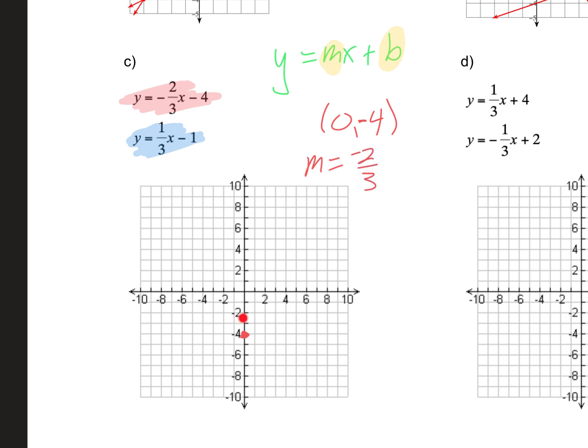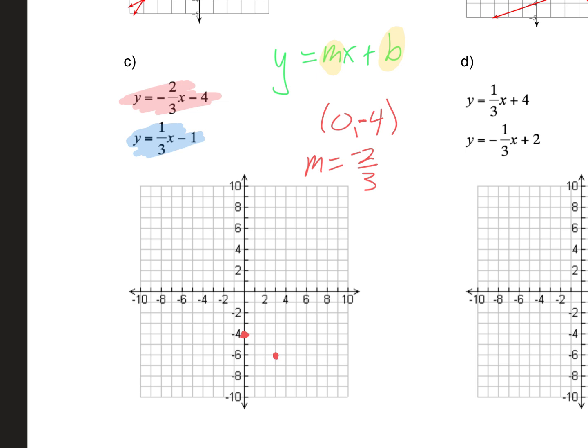So from this point, we think of rise over run. So negative 2 for the rise will be down 2 units, and then positive 3 in the denominator, which represents the run, means I will go right 3 units. So my next point will be here.